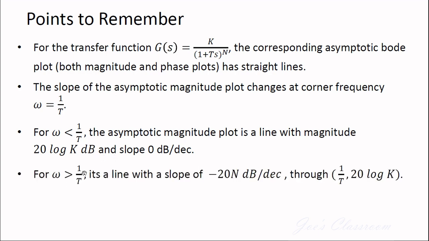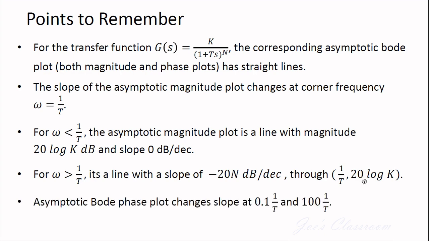For frequencies greater than the corner frequency, the slope of the line is going to be minus 20n decibels per decade, and this line again passes through the corner frequency and 20 log k. And the phase plot changes its slope at 0.1 times the corner frequency and, sorry, this is 10 times, not 100 times, 0.1 times the corner frequency and 10 times the corner frequency.